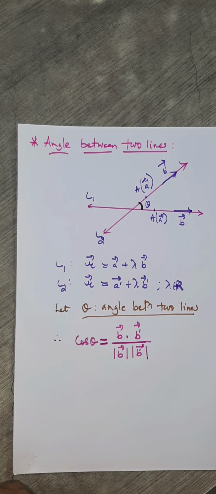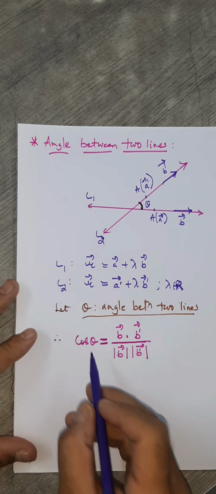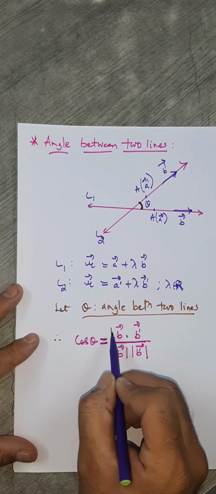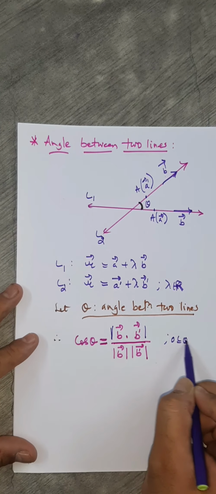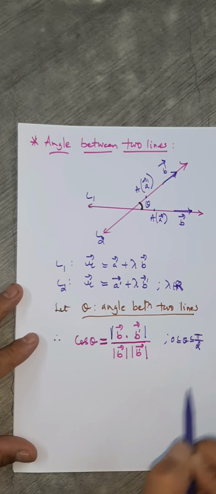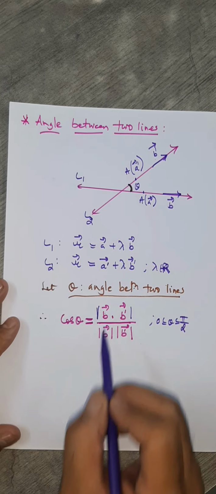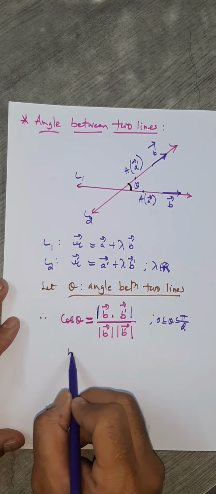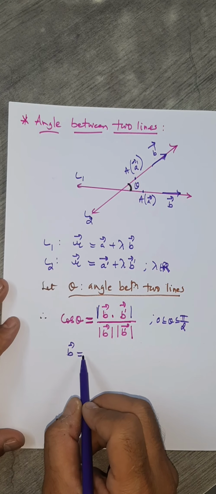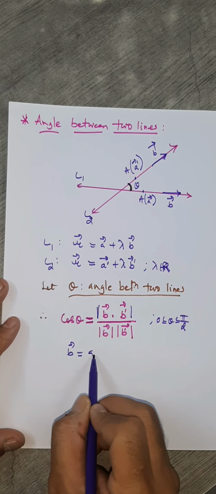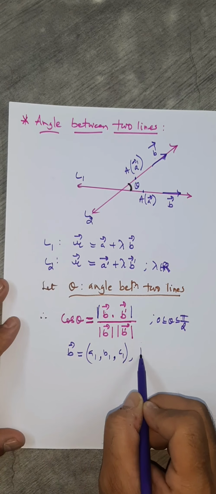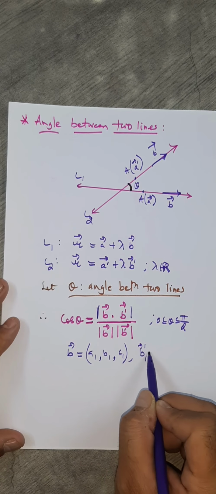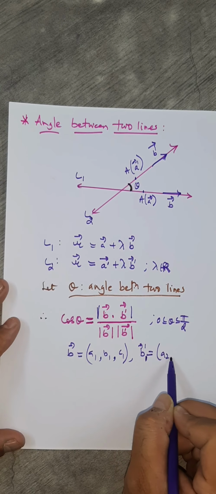What's the modification? In vectors, the angle is from 0 to pi. Here it is from 0 to pi by 2 only. So we have a modulus in the numerator, remember. That's the modification here. Fine. Now if I take vector B as, for example, let me take the direction as A1, B1, C1, and vector B dash as, let's write here A2, B2, C2.